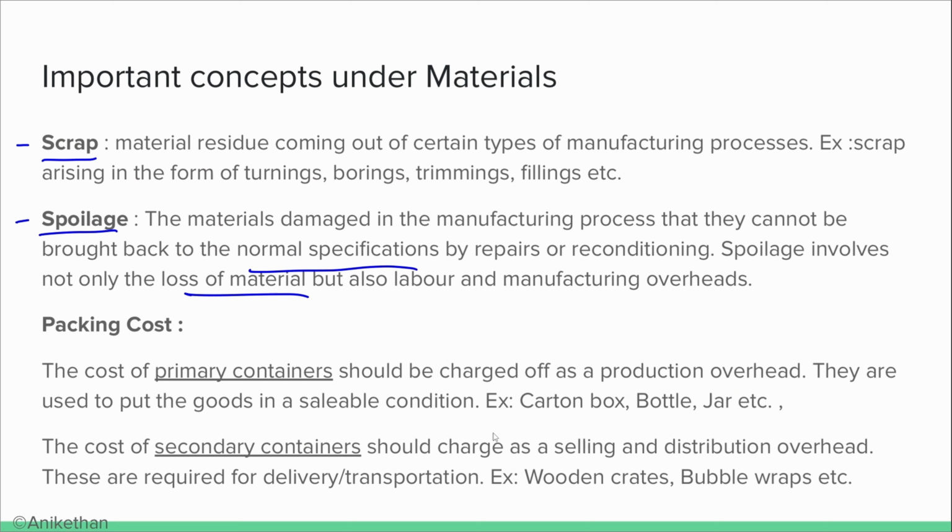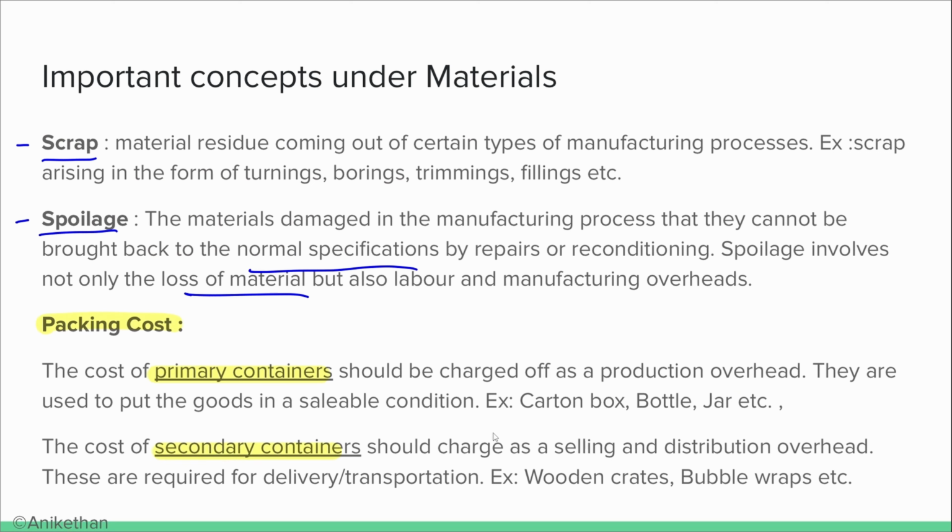Next, packing cost. So whenever there is material which we have to ship to the consumers, customers, it has to be properly packed. So there are two types of packing. One is primary packing. So the material used for primary packing is always considered as part of your product, whereas the cost of secondary packing.